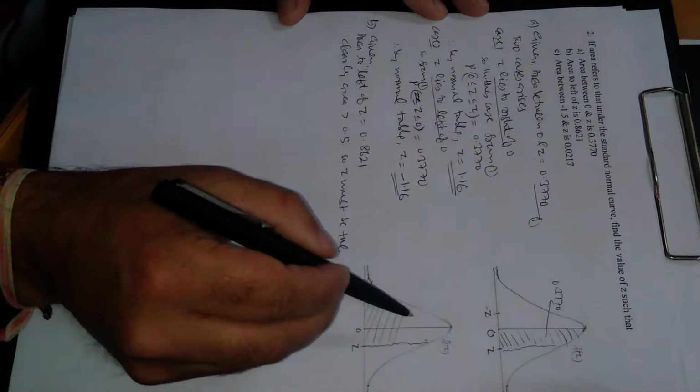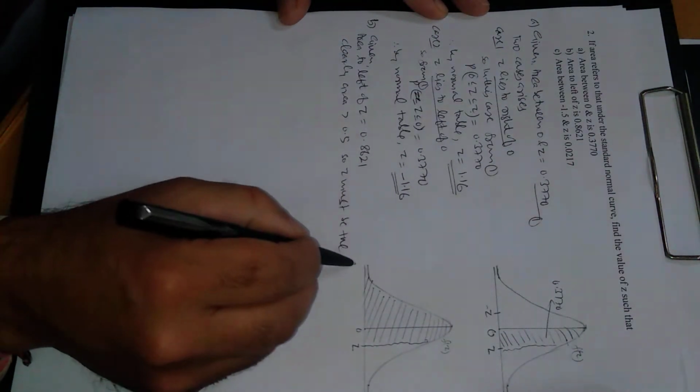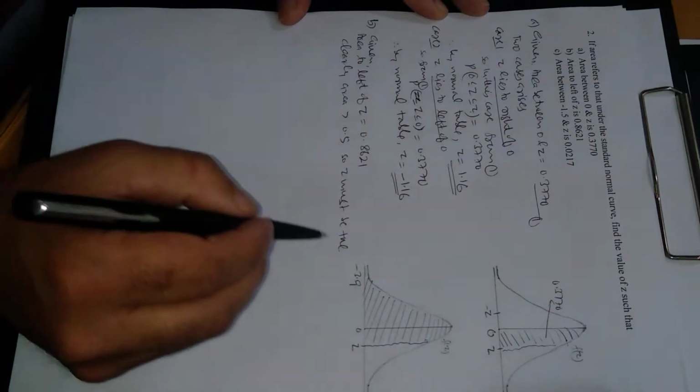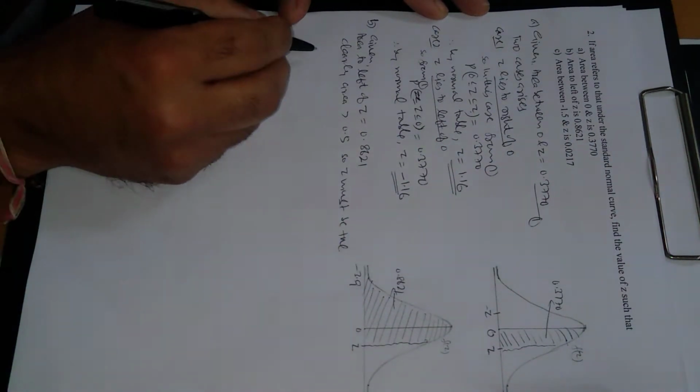Now we have to find this area left of z. This is up to minus 3.9. This area is given to be 0.8621.